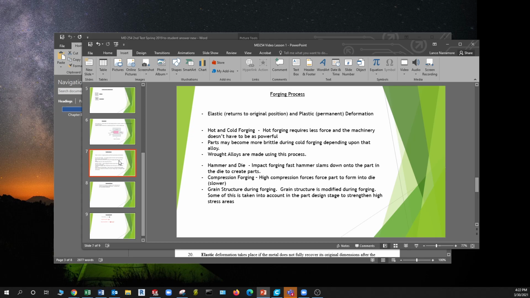It can just be compression force, but keep in mind that compression force is a lot slower, and with the impact you can use the impact energy to your advantage to speed up the process of the forging.